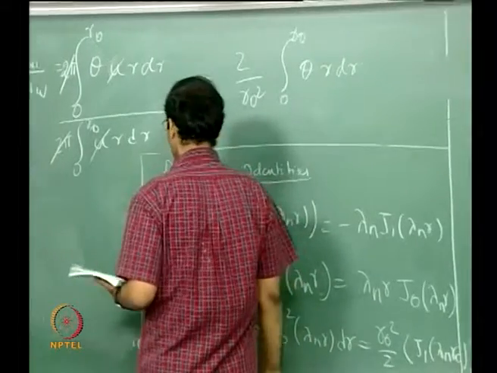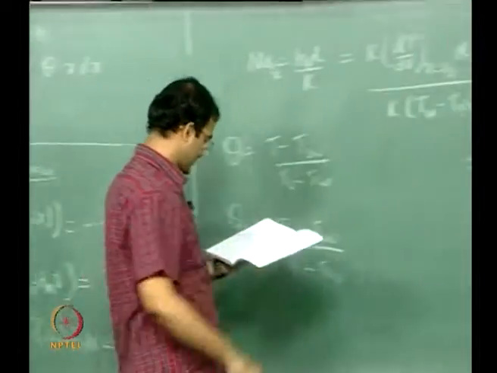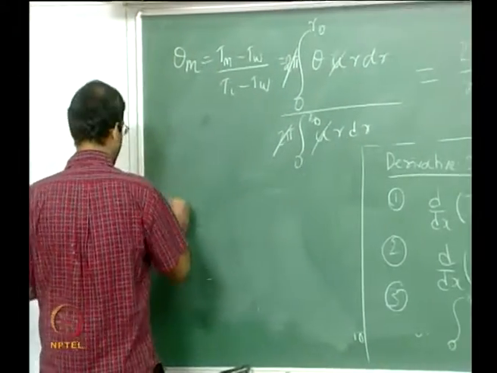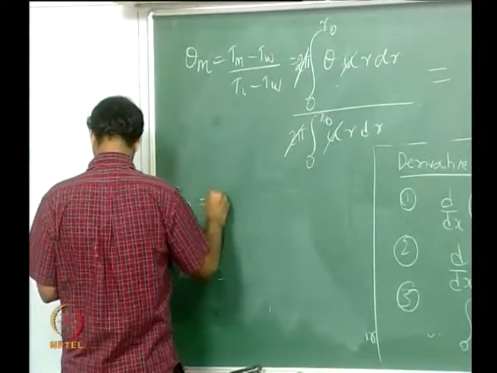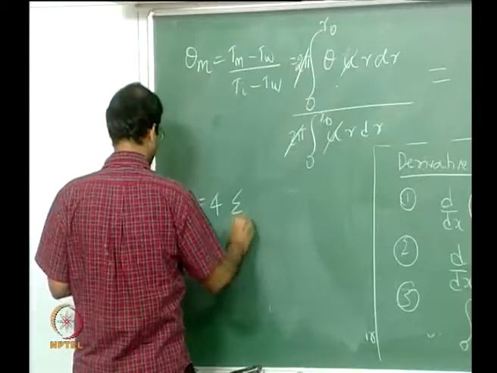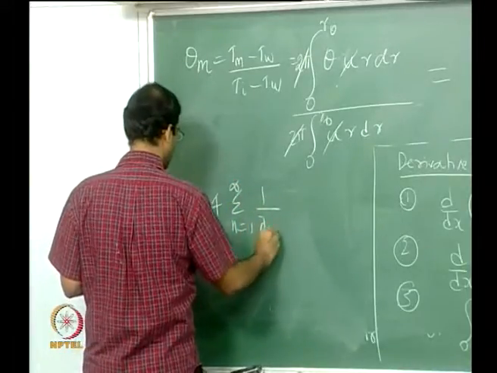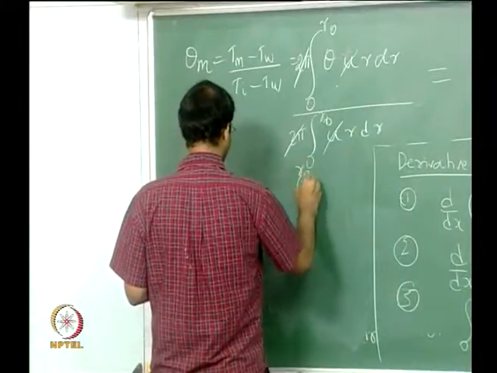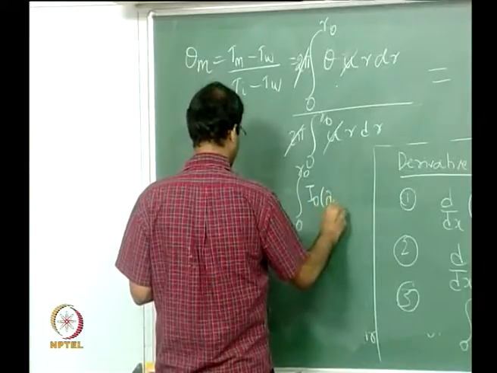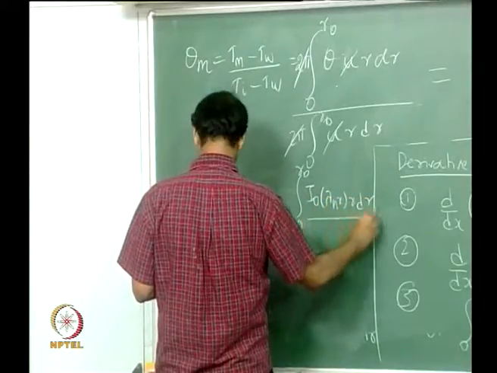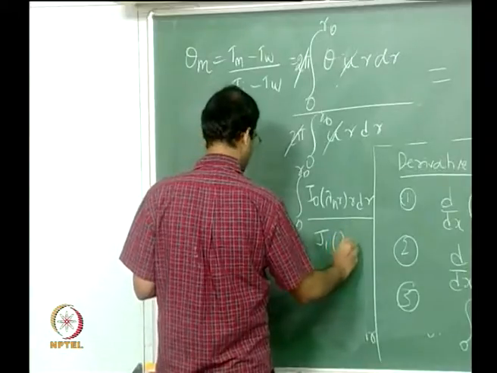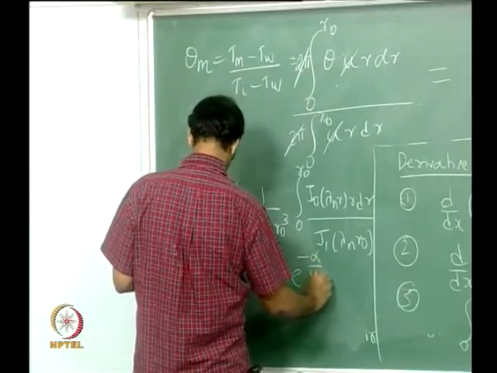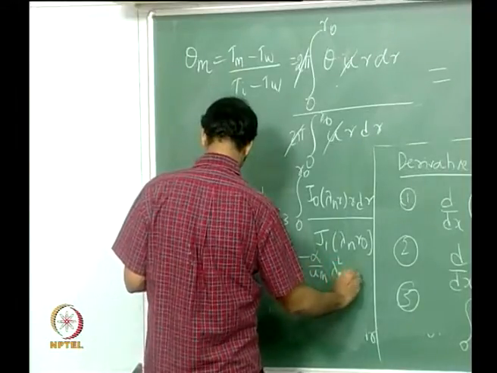Now if you substitute for theta from the final expression that we have, you can write your theta mean as 4 times summation n equal to 1 to infinity 1 by lambda n r naught cube integral 0 to r naught J naught lambda n r divided by J1 lambda n r naught into e power minus lambda n square x by the Peclet number.